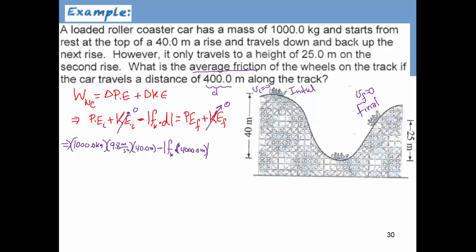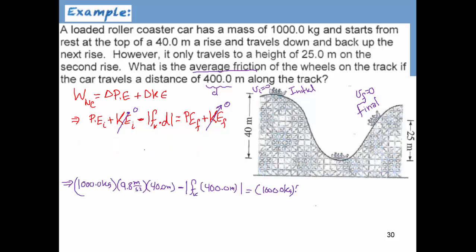This is the left hand side here, which is the initial mechanical energy minus the dissipating work of friction. This is equal to the final potential energy, which is 1000 kilograms times 9.8 meter per second square times the final height, which is 25 meters.